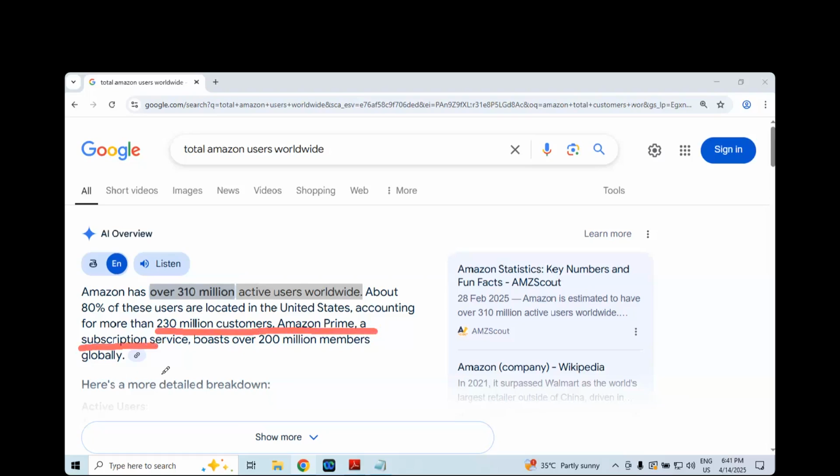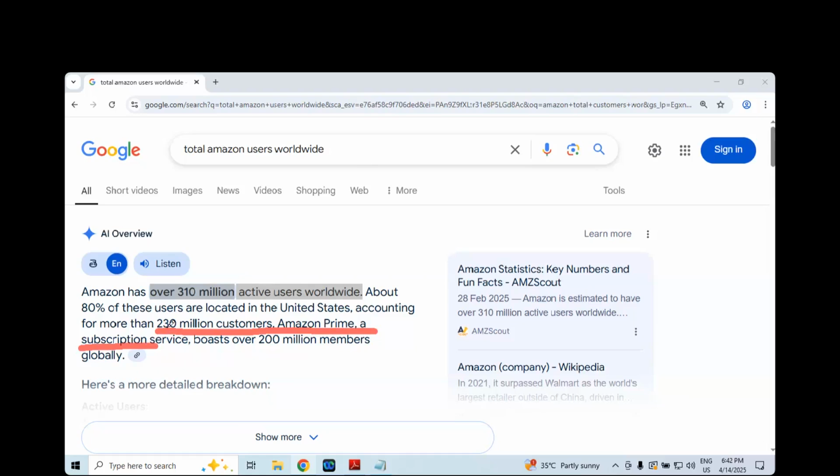How much do they charge yearly in India? Olden days it was almost 1200, but nowadays, 1400 per year. Now take 230 million into 1400.